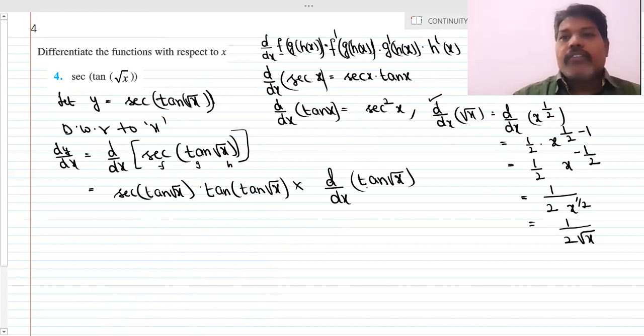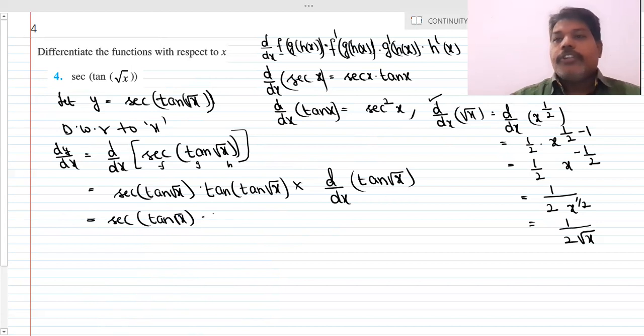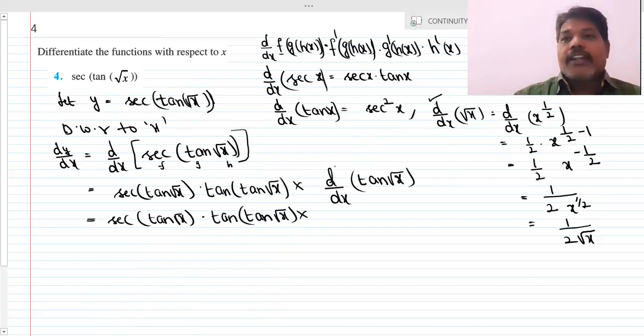So what is the derivative of tan of root x? The first part remains the same: secant of tan of root x into tan of root x, into the derivative of tan.